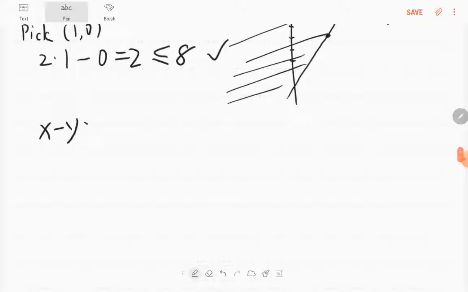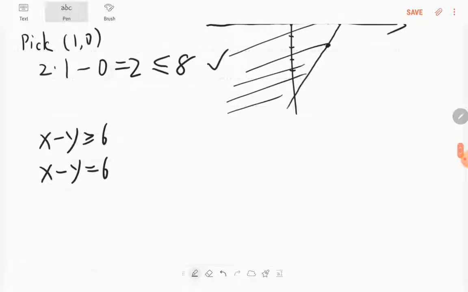x minus y greater than or equal to 6. We still look at x minus y equals 6, right? So we can pick a point where x equals 2, y equals negative 4. This is one point.